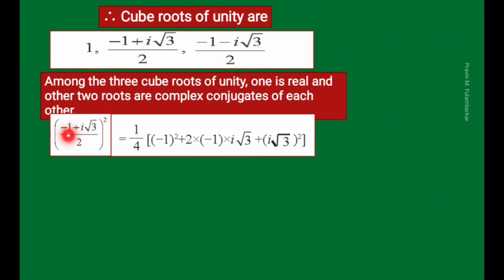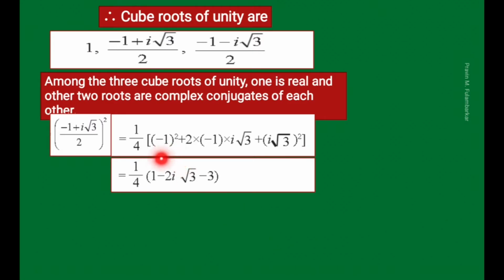Here a is minus 1, so we write a square plus twice a into b plus b square, where a is minus 1 and b is i root 3. So we apply the formula (a plus b) square for the numerator. We simplify this. The square of minus 1 gives plus 1, the second term is minus 2 i root 3, and when we square this last term, i square is minus 1 and root 3 square is 3, so we get minus 3.